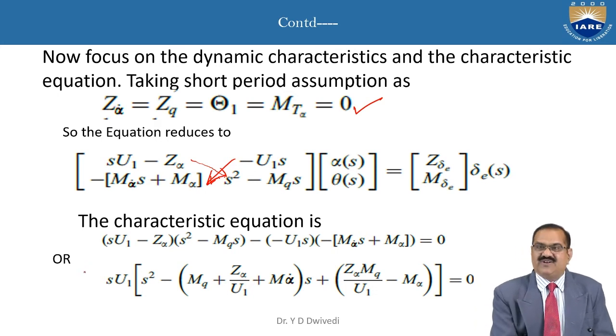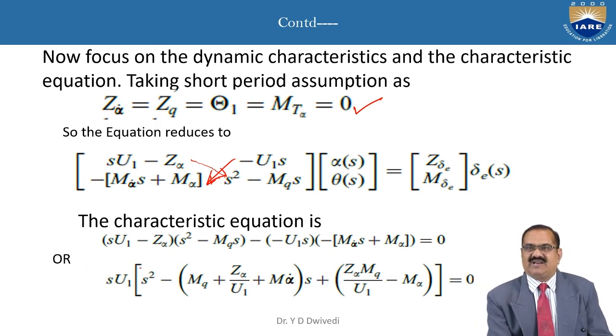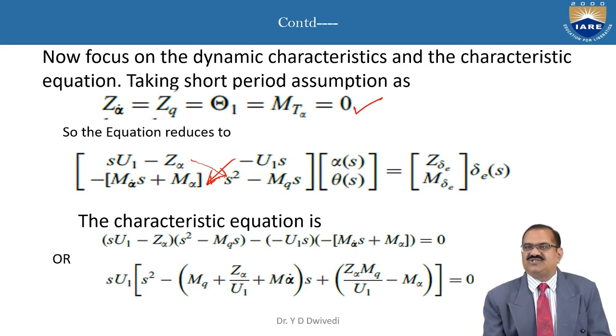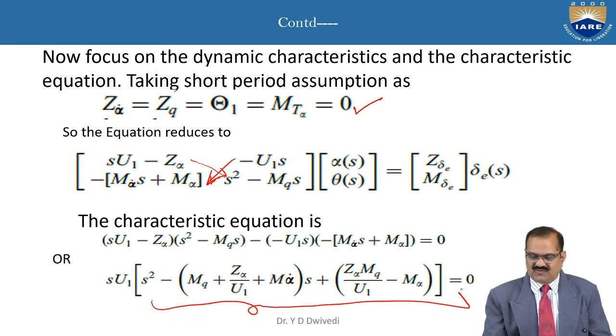Or if we take sU1 as common, you will get here s square minus (M_q plus Z alpha by U1 plus M alpha dot) s plus (Z alpha M_q by U1 minus M alpha) is equal to 0. So here you got this equation, a quadratic equation, and we can solve it very easily.